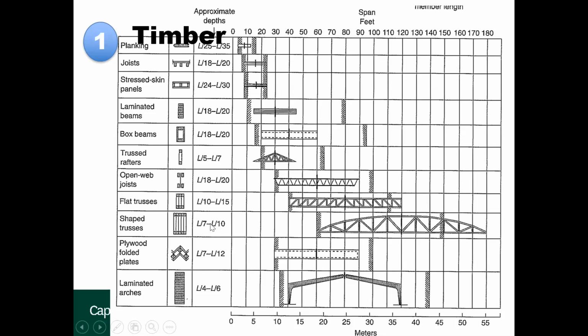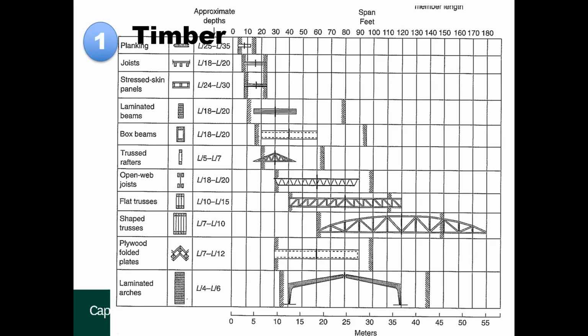And the depth of that truss is going to be, it depends on the weight it is carrying, but say an average depth would be the span divided by 8. So if you have a 40-meter long truss, the depth is going to be 40 divided by 8.